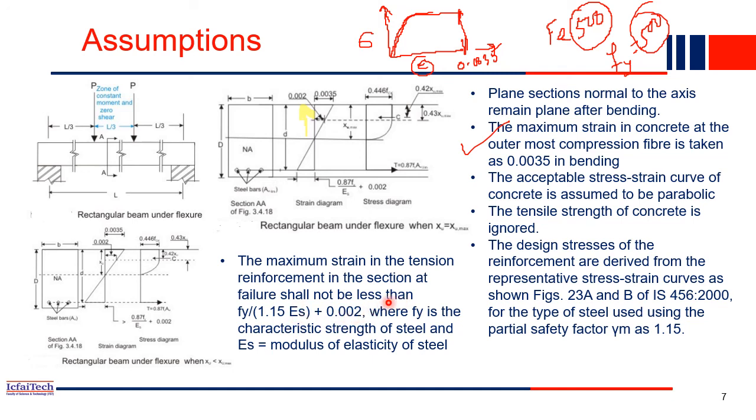You will get some value. That is the maximum strain in steel. Now if you use Fe 415, then the Fy value will be 415. Just plug in the value and compute the maximum strain. So the maximum strain for concrete is fixed at 0.0035, whereas for steel it varies based on the Fy value or the grade of steel we are using. Based on this formula we can compute the maximum strain in steel.